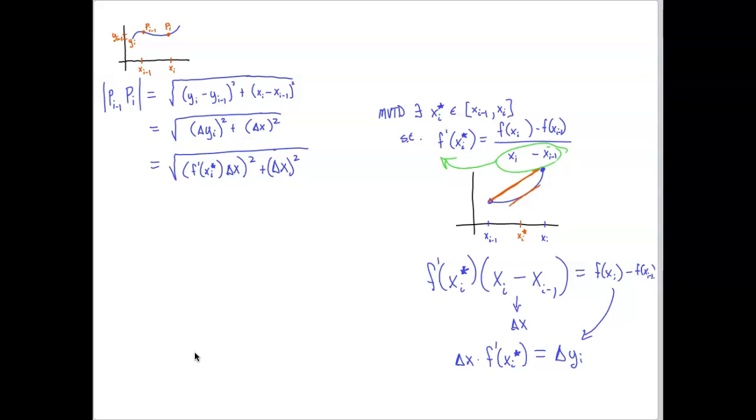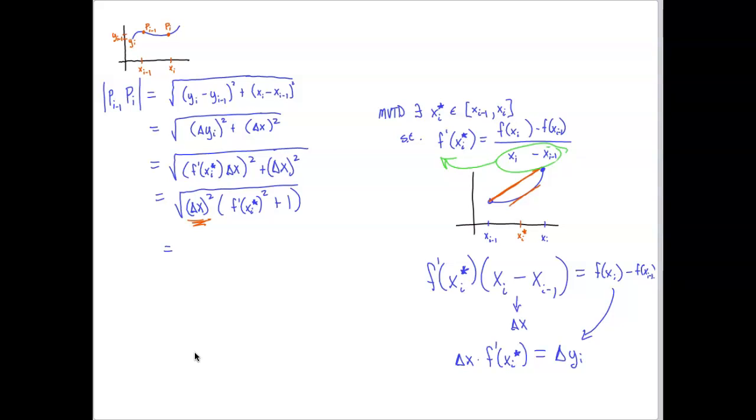All right, and then we can simplify. Notice that I have a delta x squared in both terms, so I'm going to factor that out. I have delta x squared times f prime of xi star squared plus 1. And since this delta x squared is under the square root, I can just take it out of the square root as delta x.